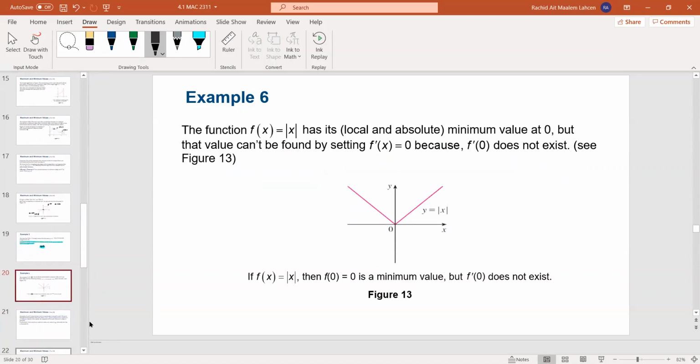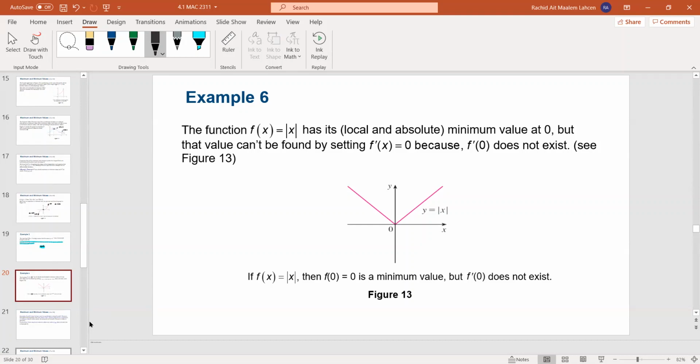There is another case, the absolute value function, which when we did continuity, we found that it has a problem coming from left and right. The two values of the limits, left-hand and right-hand, are not the same. So the derivative can't be found. The function has its local and absolute minimum value at 0, right?